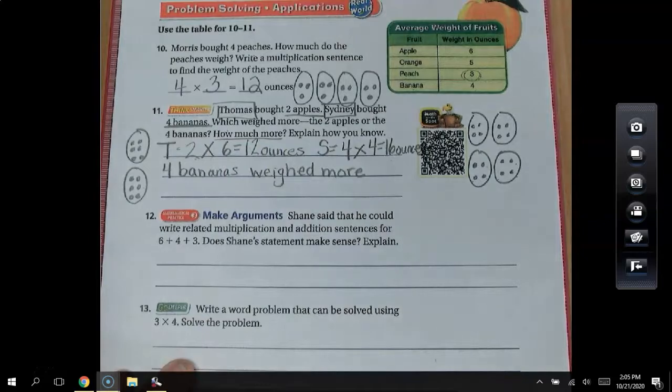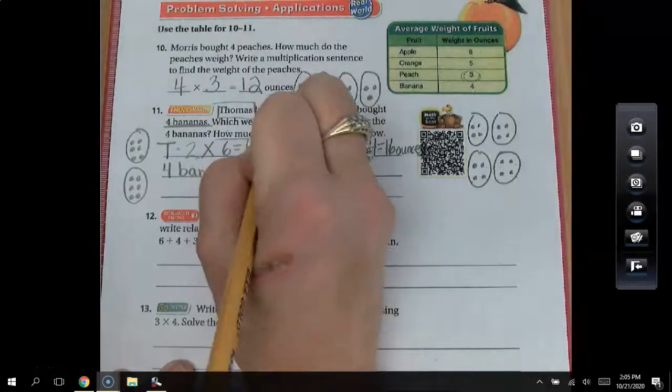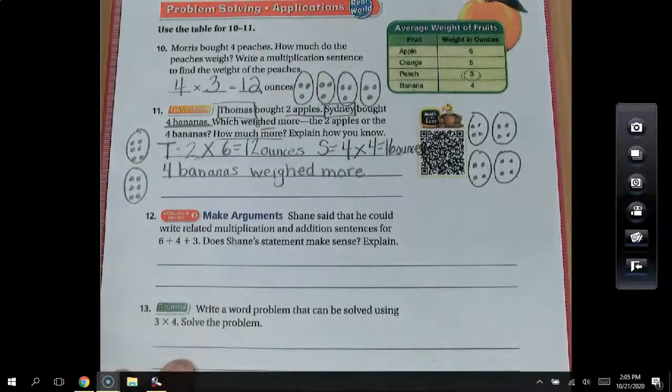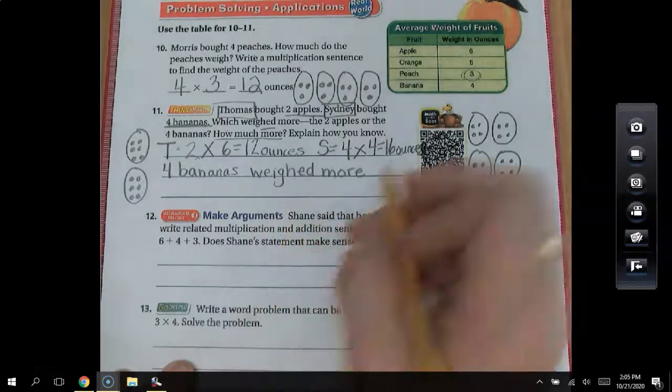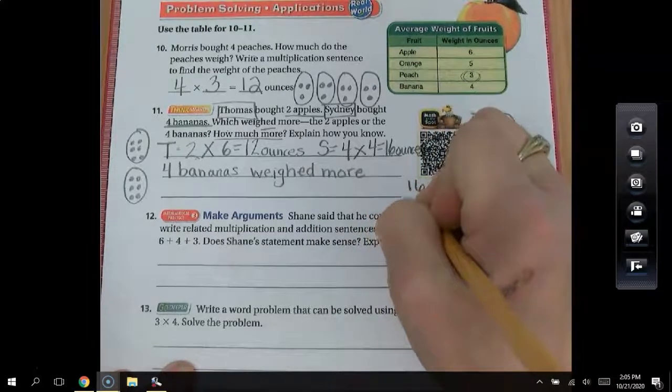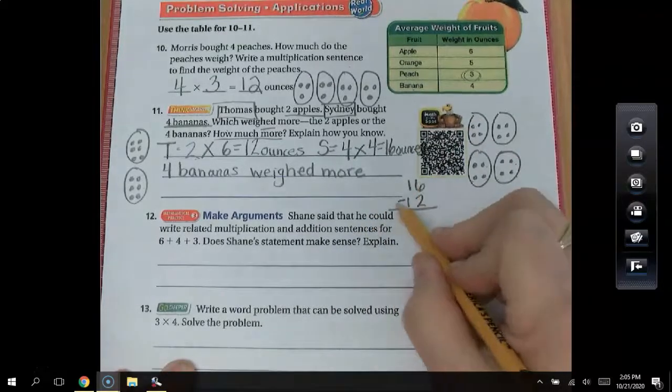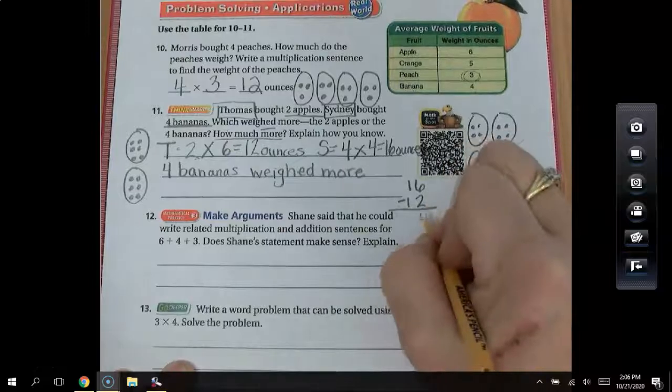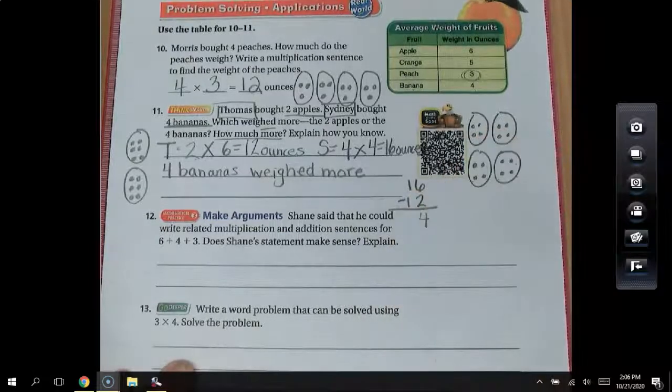It's almost like how many more. I know that the words how much more tell me to subtract. So let's go ahead and subtract 16 minus our 12. 6 minus 2 is 4, and 1 minus 1 is 0.